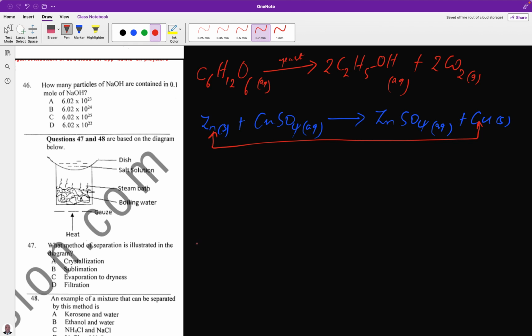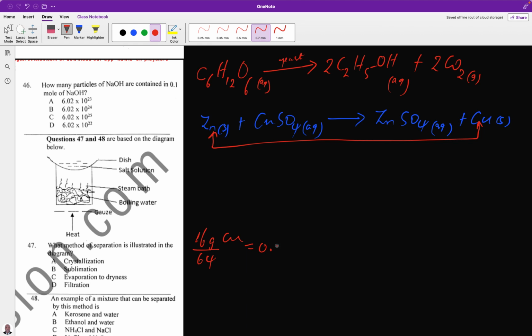The relative atomic mass of copper is 64. 16 grams of copper is equal to 0.25 moles.